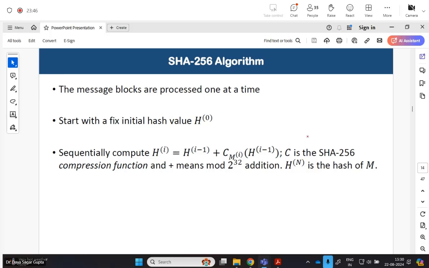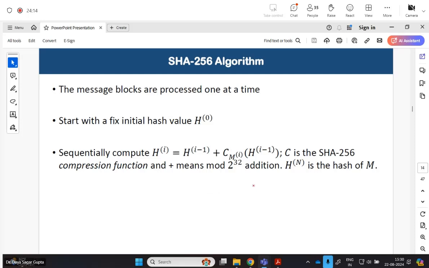This C is the SHA-256 compression function, and this plus means addition mod 2 to the power 32. And the last hash that you get at the end will be our output.